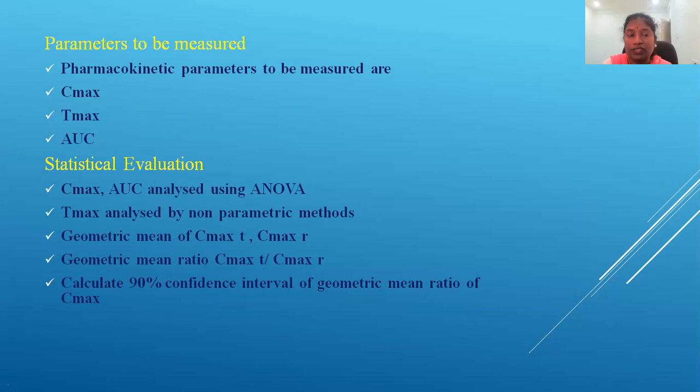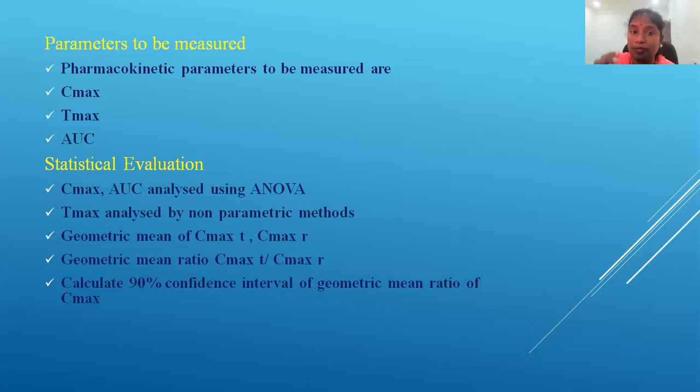Here you are taking time on the x-axis and plasma concentration on the y-axis. Why do we take time on the x-axis? Because the time will not change with any factor. Whatever you do, the time will not change, but the plasma concentration will be changed due to pharmacological factors or patient related factors, physiological factors.